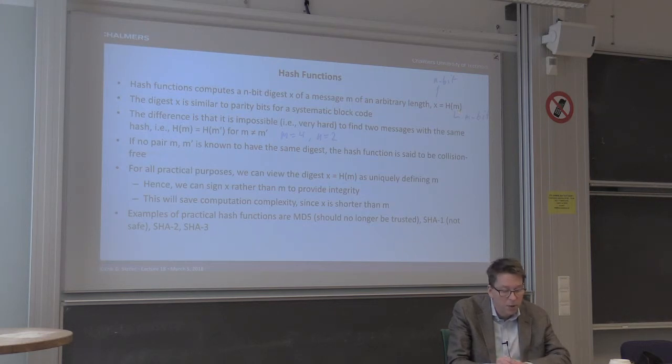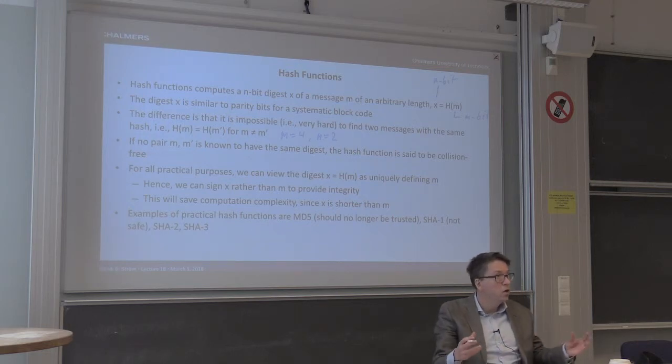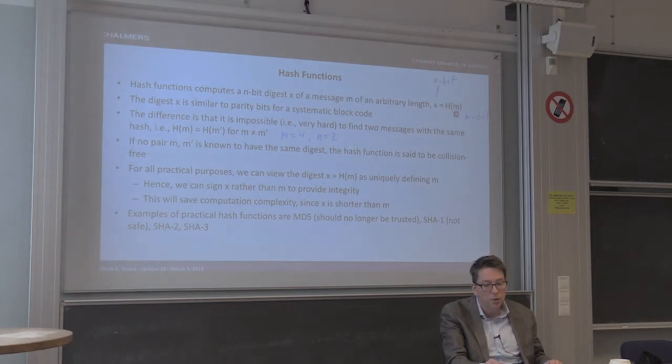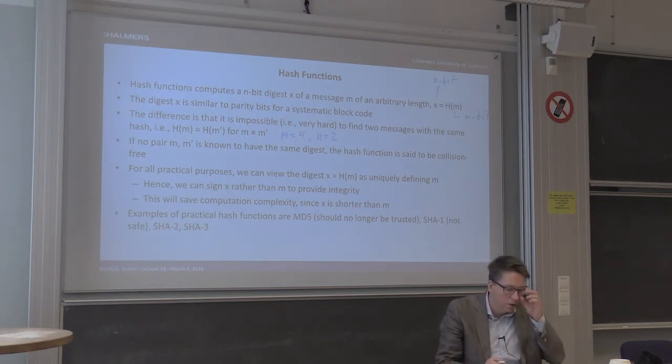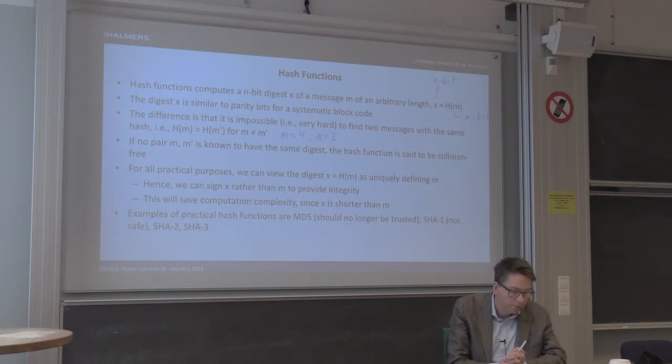But when we make m and n very large, it becomes increasingly more difficult to find two different m's that produce the same output. It's actually a little bit magical when you think about it, but that is the case. So there exist hash functions where these collisions, as they are known, are very hard to find.